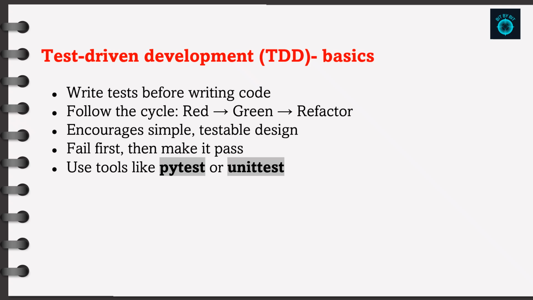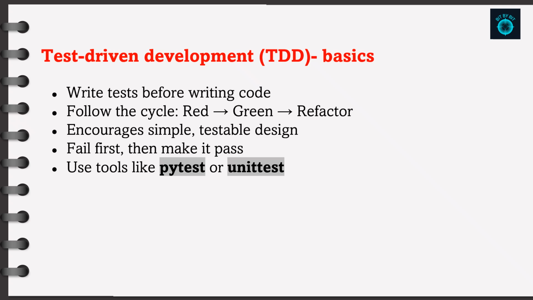It fails. That's the red step. Next, you write just enough code to make the test pass. That's green. Finally, you improve or clean up the code. That's the refactor step. This process helps you think clearly about what your code should do, keeps your design simple and testable, and prevents bugs.